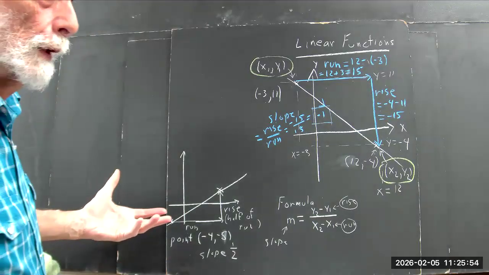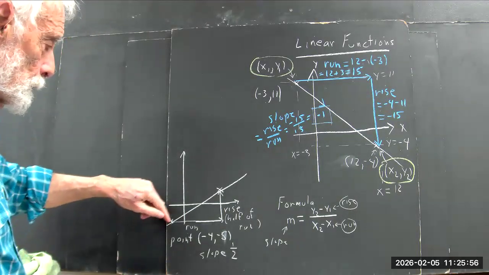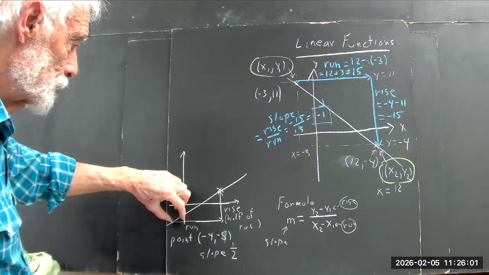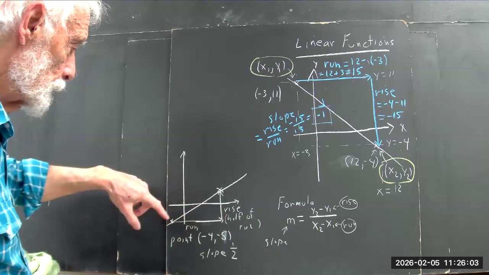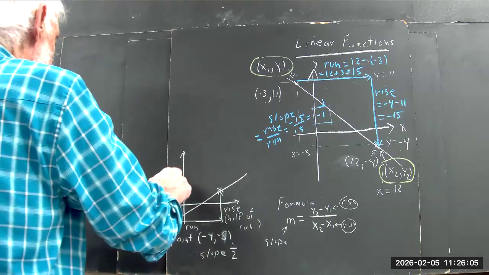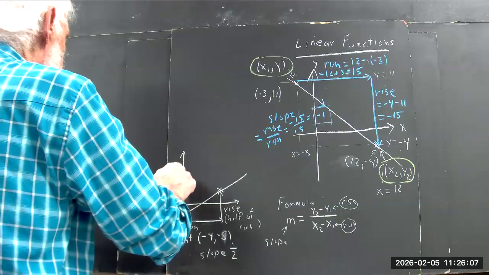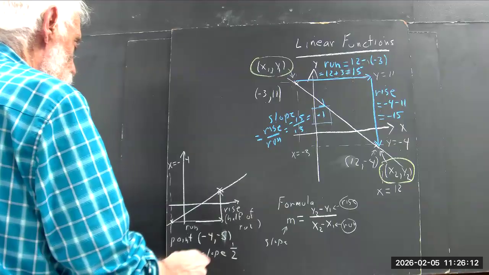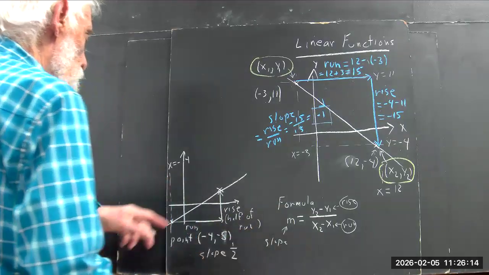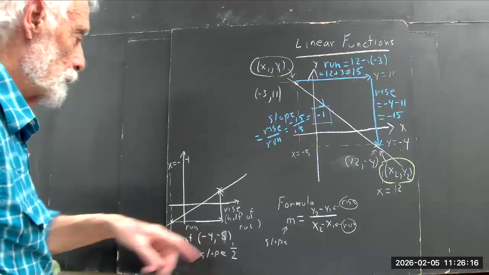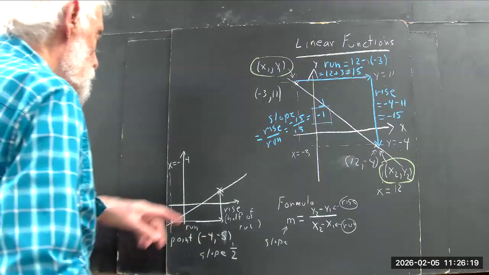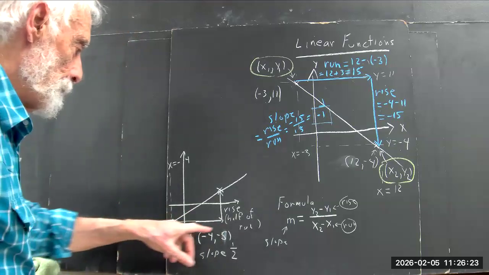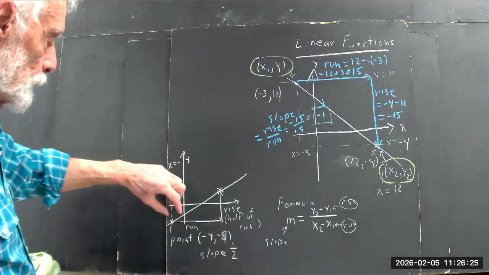I can specify the run. Okay, the run in this case, well, if this is 4 units here, and if this point's -4, -5, then this line is certainly the line x equals -4. And this line here that I'm not going to label is y equals -5. If I moved this distance, okay, well, how far is that?